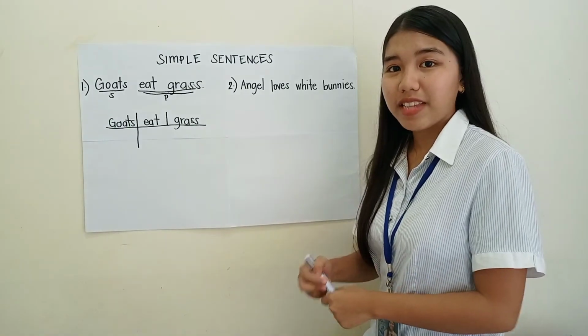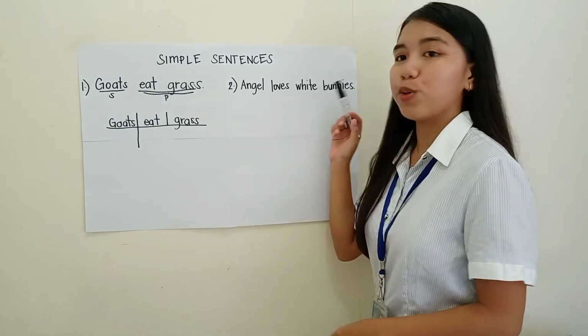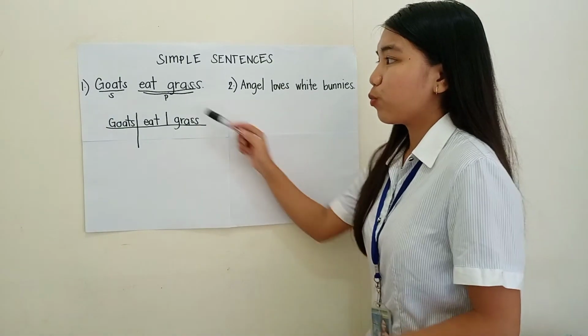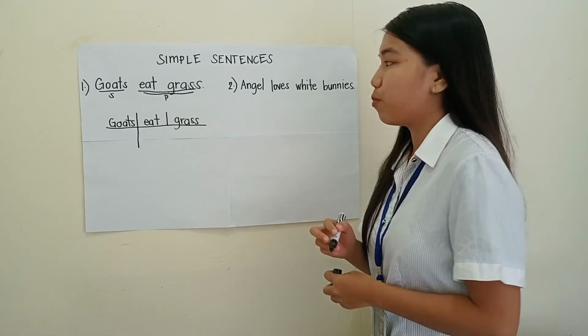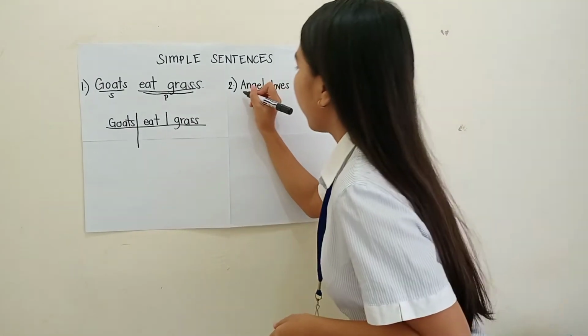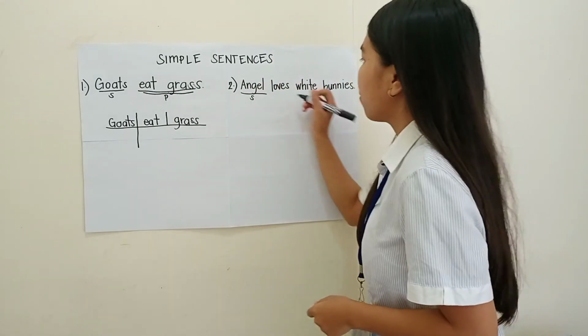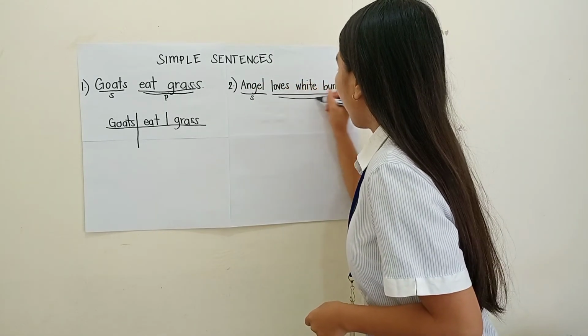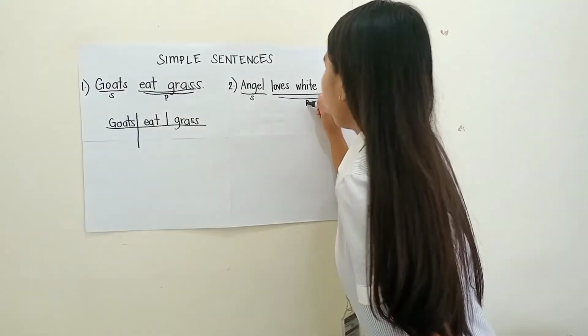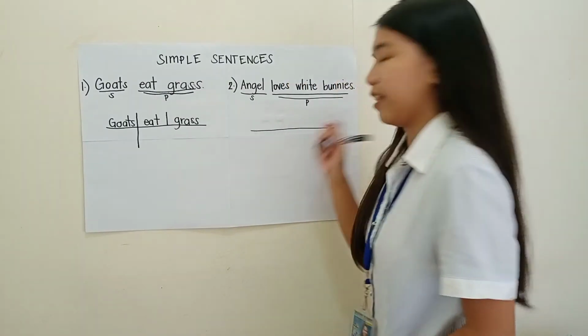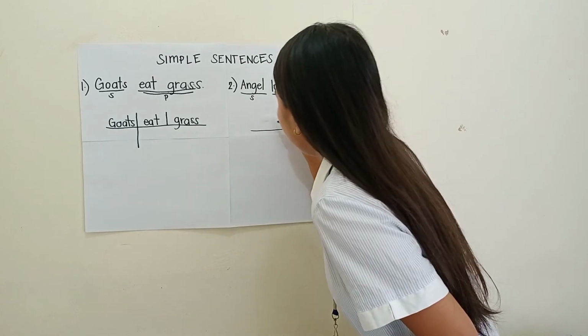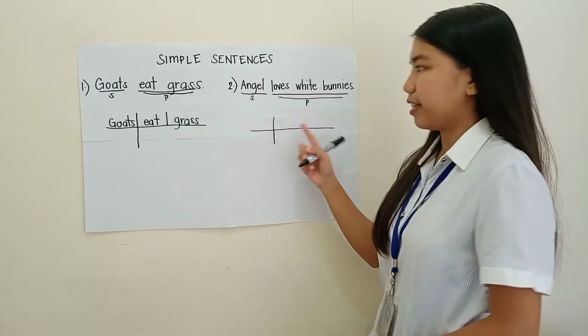That's it. Let us proceed to the second sentence, which is Angel loves white bunnies. Just like what we have done in the first sentence, we should separate the subject and the predicate. Our subject here is Angel, and the predicate is loves white bunnies. So for the predicate, we should put a horizontal line like this and a vertical line like that.